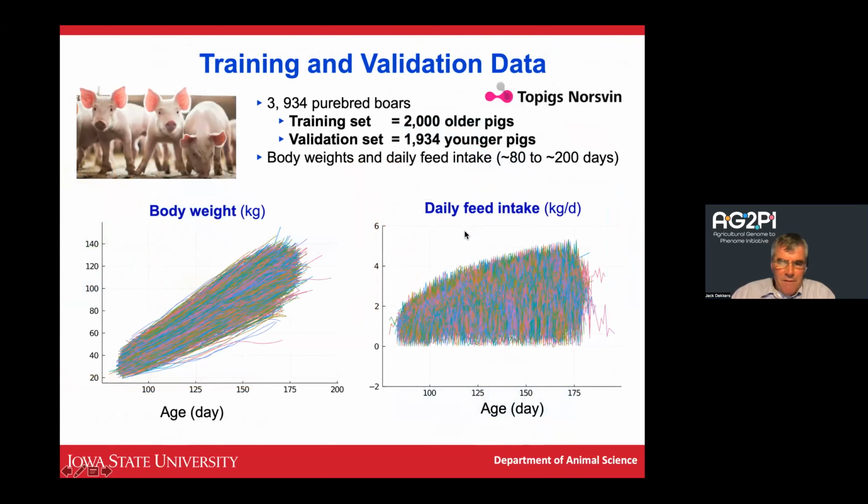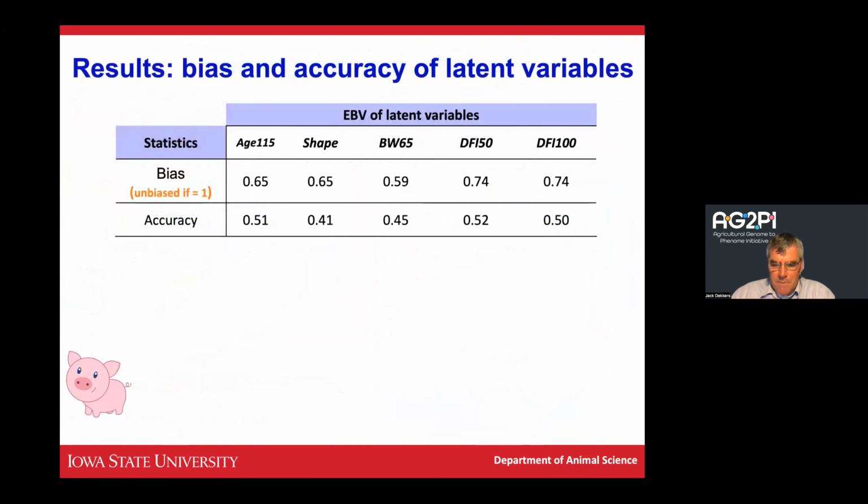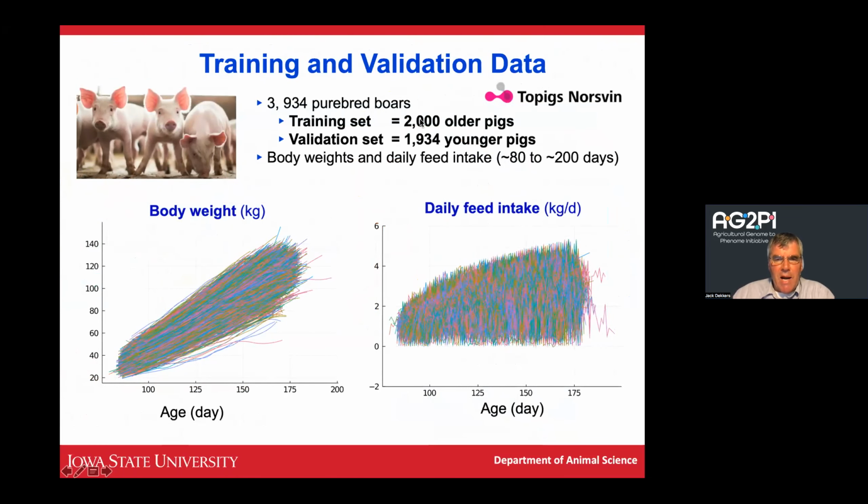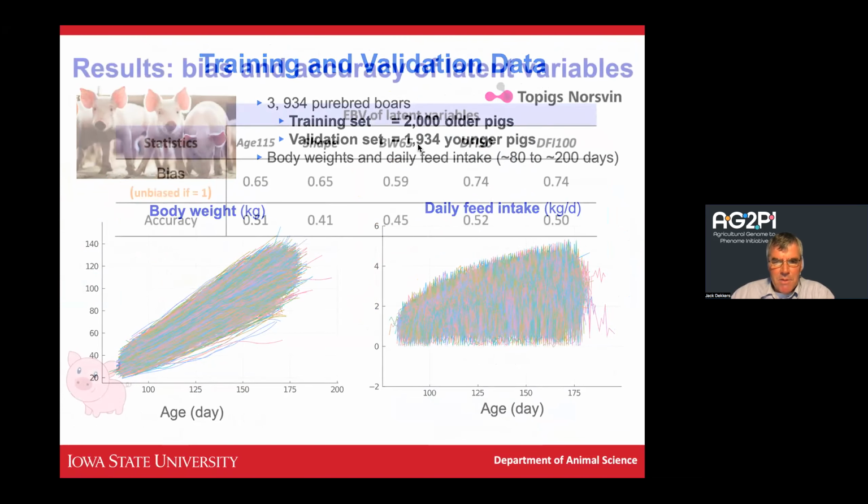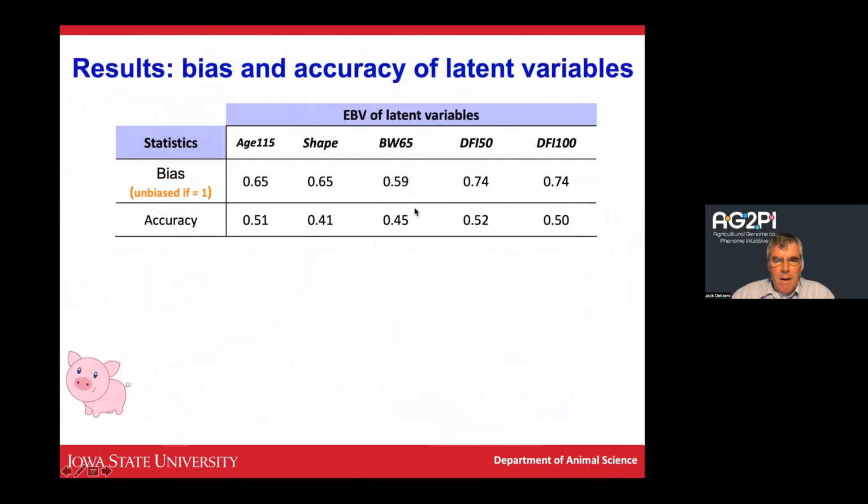So the body weight and feed intake you've seen already. What we did for training, we took the older animals, and for validation, we took the younger animals. And there are some of the prediction results: bias, where one is the estimate is unbiased, and accuracy, and of the latent variables. Now, remember these latent variables, at least some of them, we don't directly observe.